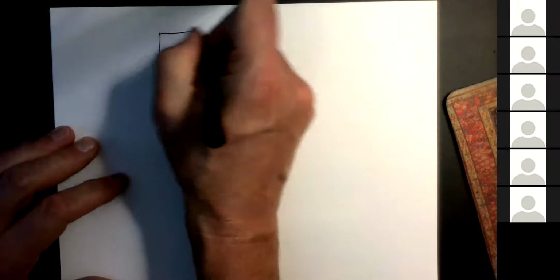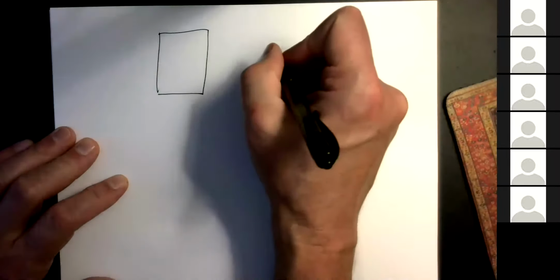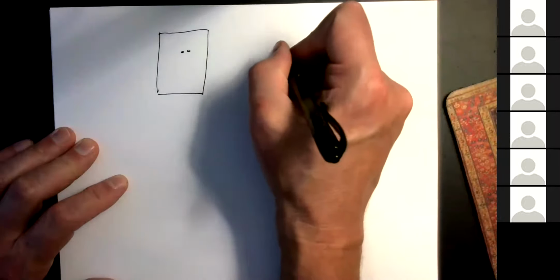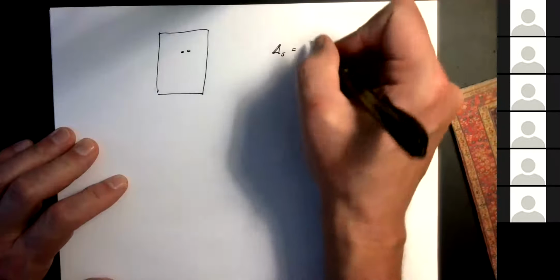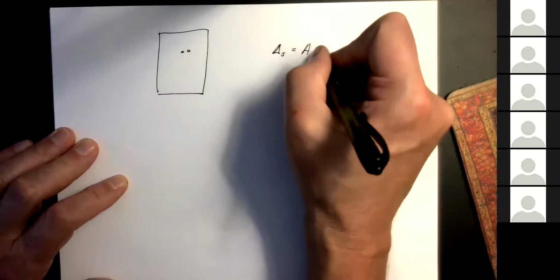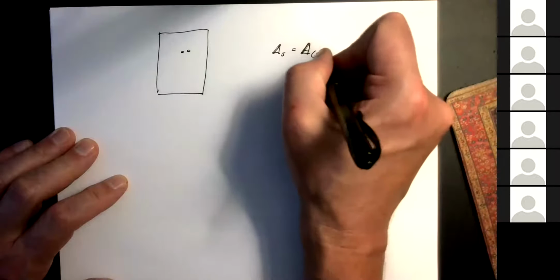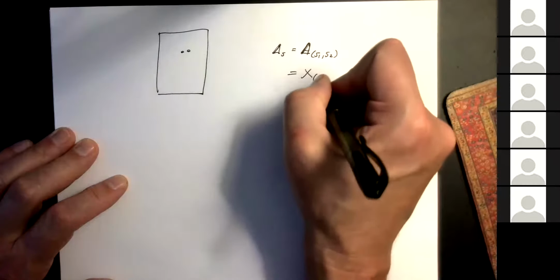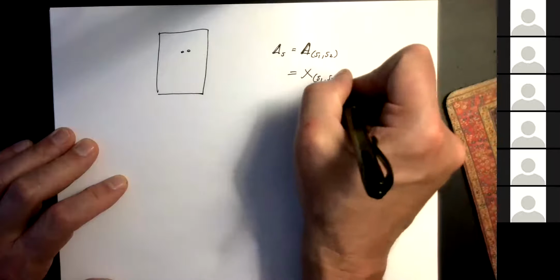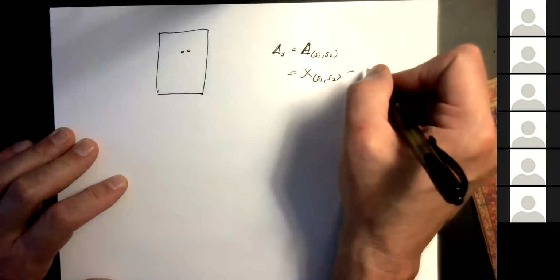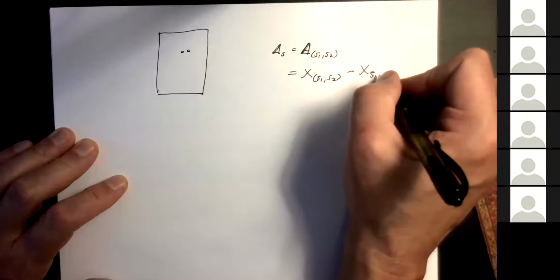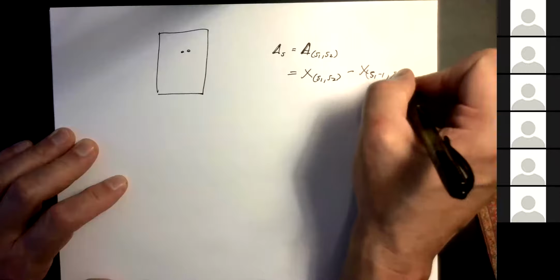So let's say you have an image like this, and you take adjacent pixels. So delta S, S1, S2, is equal to x of S1, S2 minus x of S1 minus 1, S2.